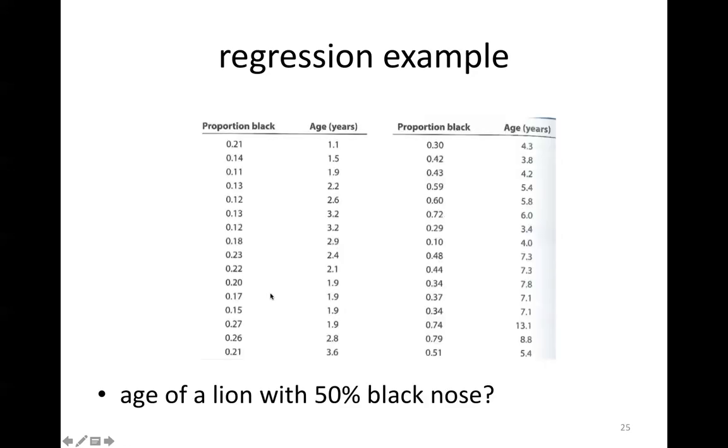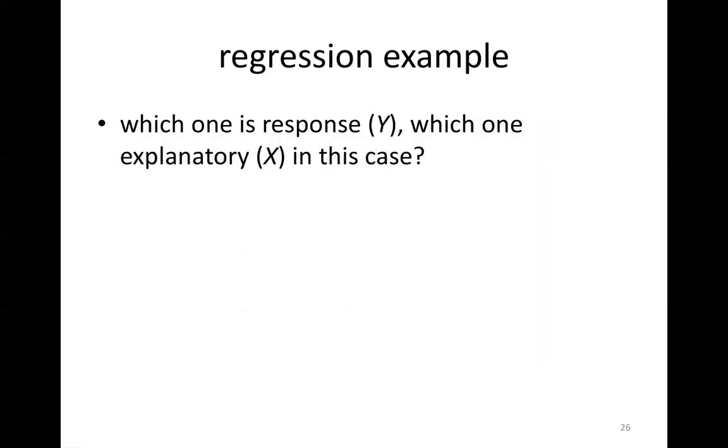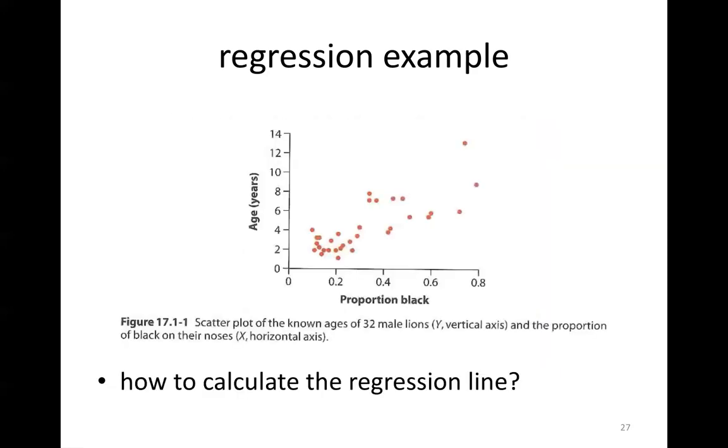If this is our question, the response would be age, and the explanatory variable would be percent black nose, proportion black. This is data. Seems like there's a positive relationship, as you see.